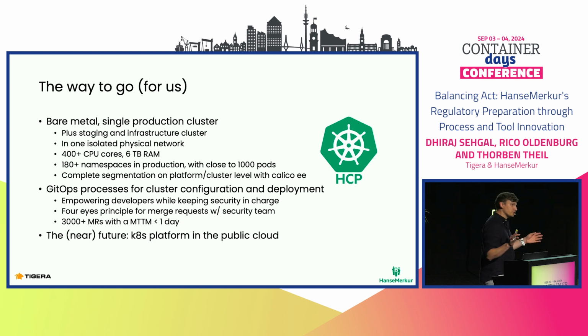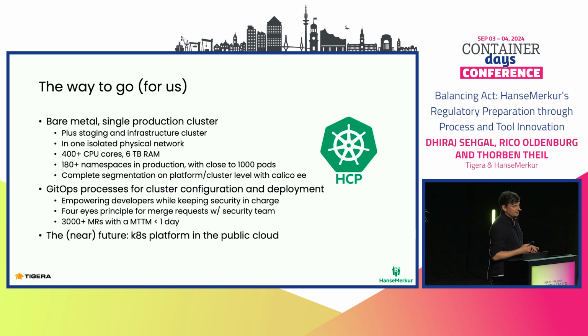We're using a virtualized control plane, just full disclosure, but all the workers are bare metal. And all those bare metal workers are in one dedicated physical network segment. And we are using Calico in the Enterprise Edition right now to achieve micro-segmentation, complete segmentation of every workload.